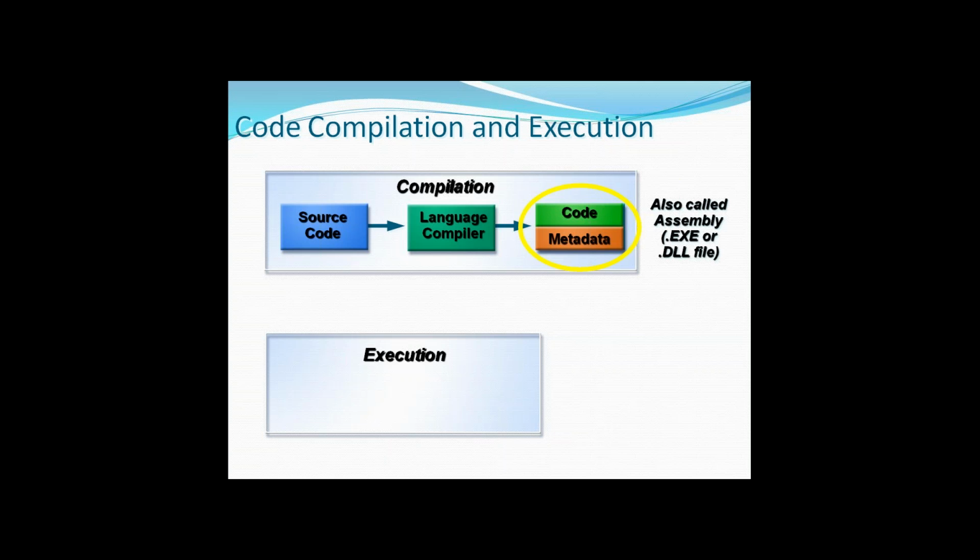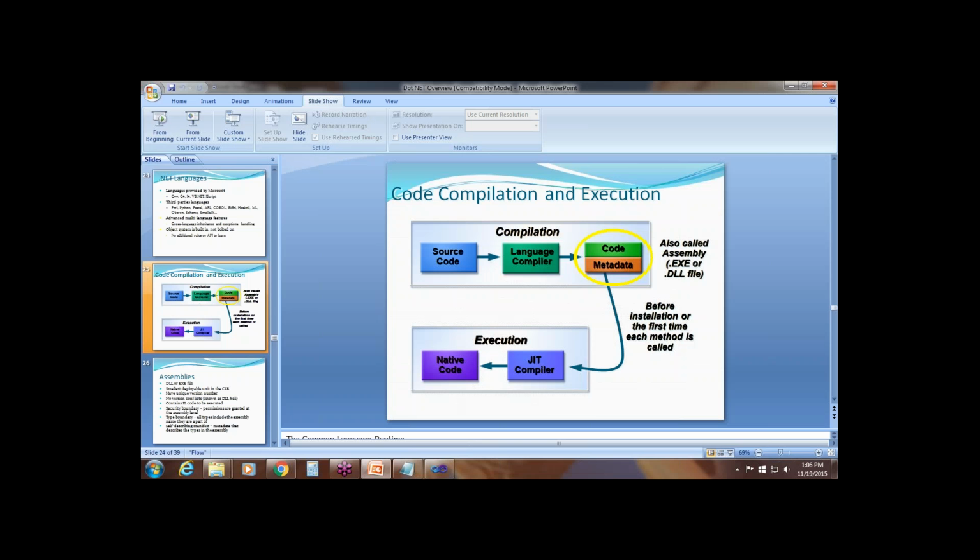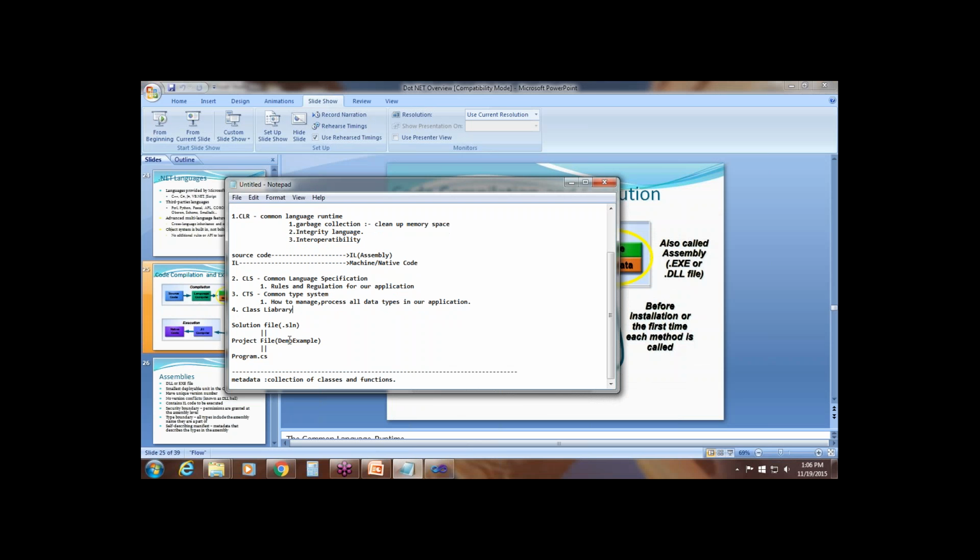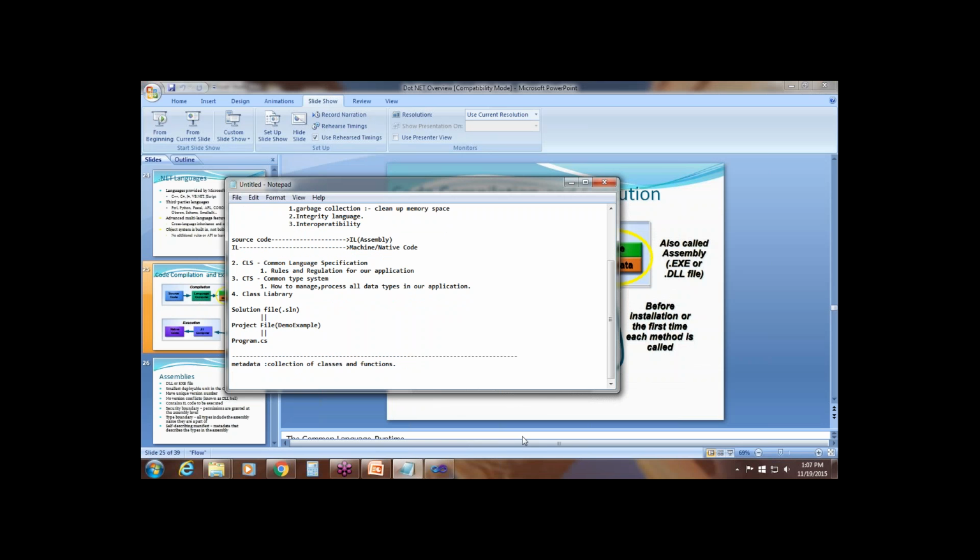I just show you now. Fine. So DLL and executable file. Now the collection of executable and DLL file is nothing but assembly. So assembly is a single deployable unit. Now what is meant by .exe file? First of all, assembly. Inside an assembly there are two files.